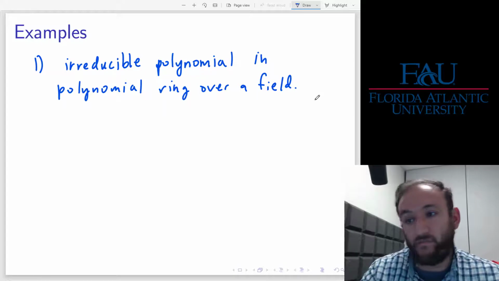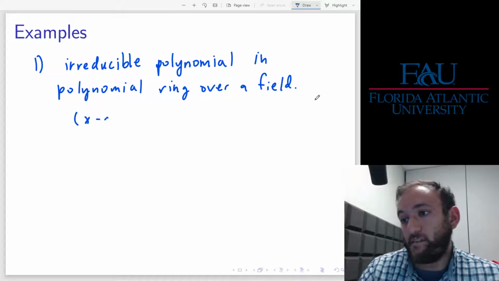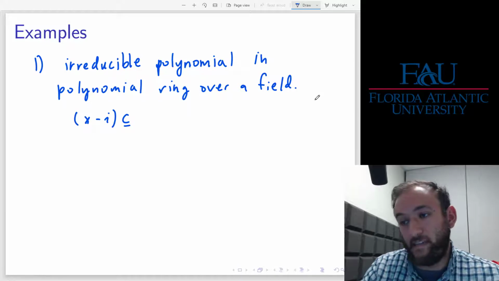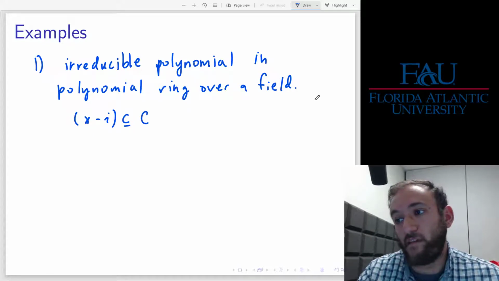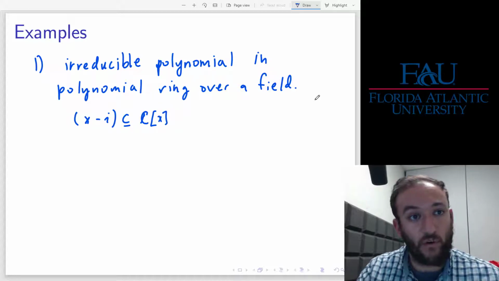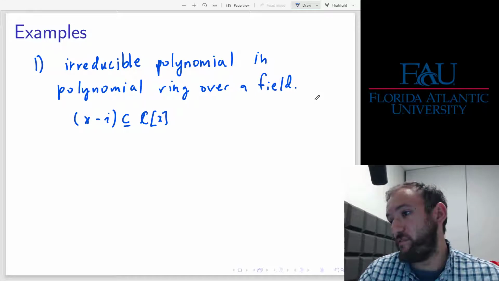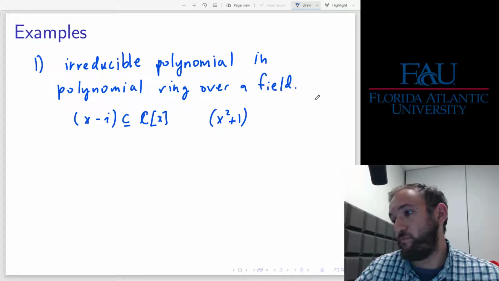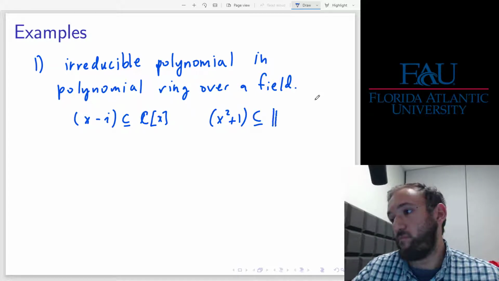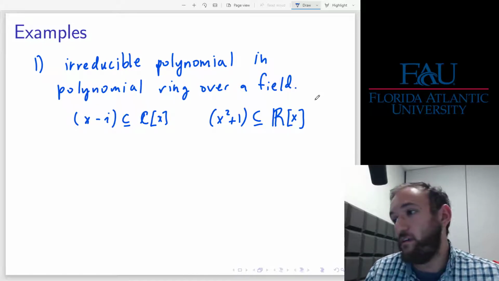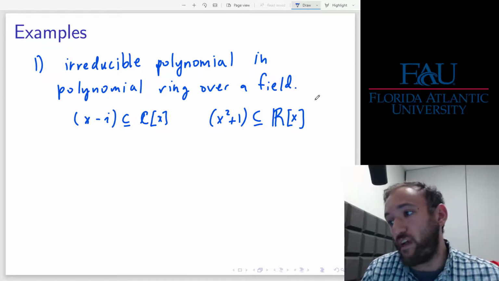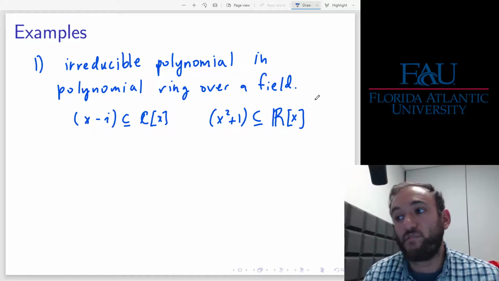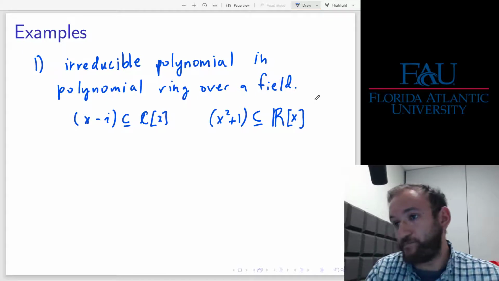For instance, we could have x minus i as an ideal, so the ideal generated by x minus i in the ring of polynomials with complex coefficients. Or we could have the ideal generated by x squared plus 1 in the ring of polynomials with real coefficients. Obviously, x squared plus 1 factors over the complex numbers, but it doesn't factor over the reals, and so this is still a prime ideal there.